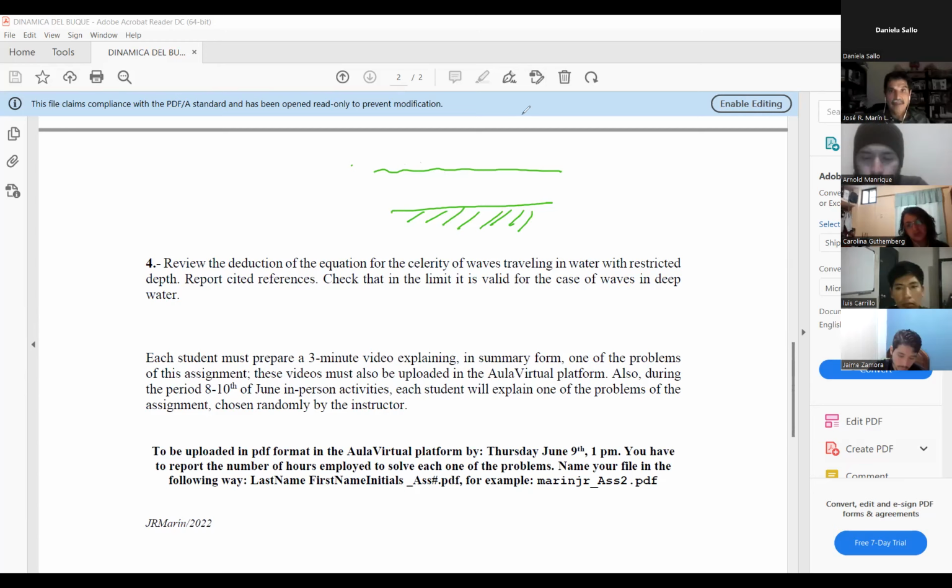So let me draw it again. You have a lambda here, and the water depth is H, but now H is not very large.